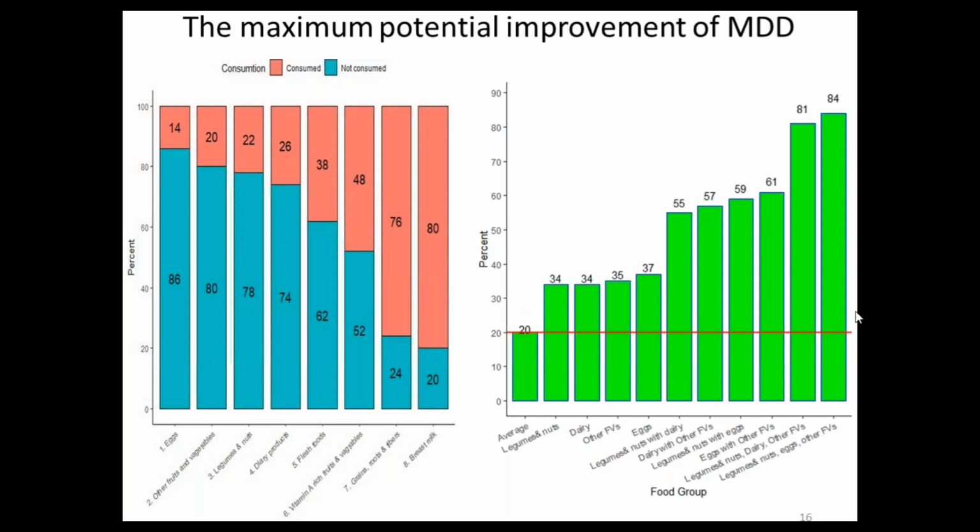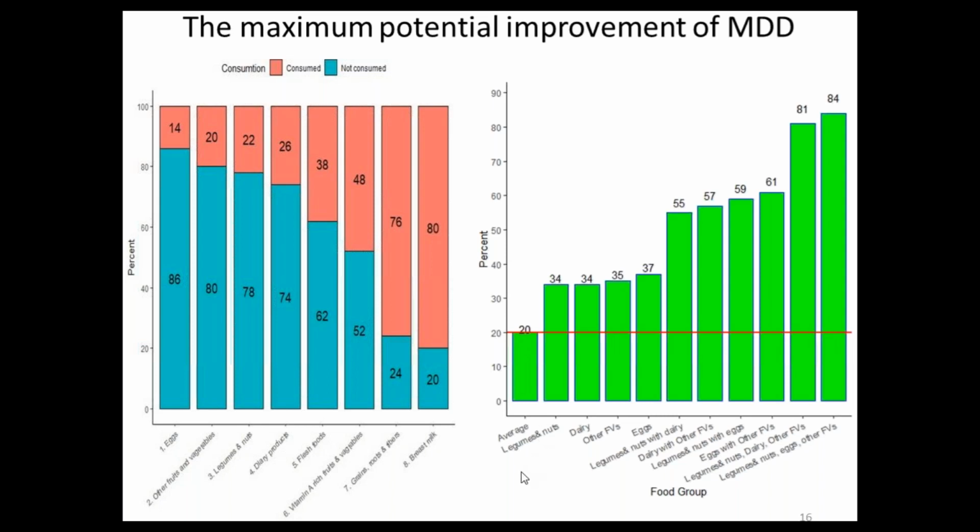The next bar graph indicates the percentage change that any concerned body or government working on child feeding practices could achieve, the maximum potential of increasing. The horizontal red line indicates the average prevalence of adequate minimum dietary diversity in Sub-Saharan Africa, which is 20%.